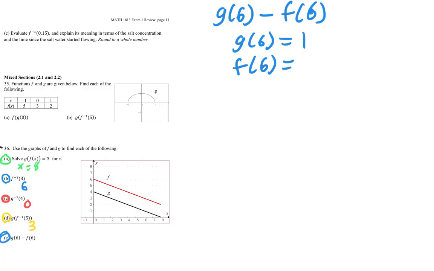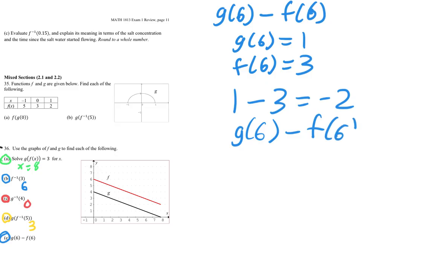So when x is equal to 6, f of x is equal to 3. So we can write that. So g of 6 is 1 minus f of 6, which is 3, which is going to leave us with negative 2. So now we know that g of 6 minus f of 6 is equal to negative 2. Write that over here. And yeah, that's the math review.